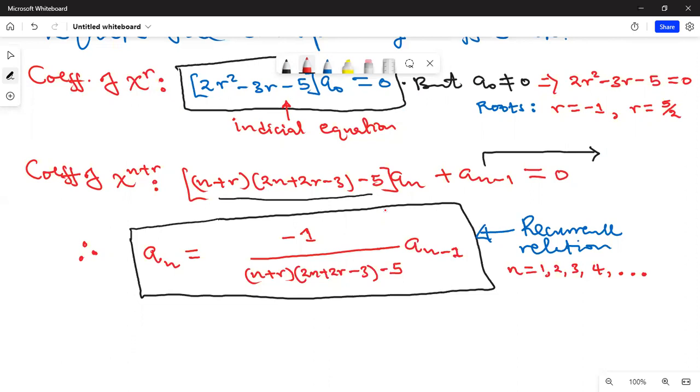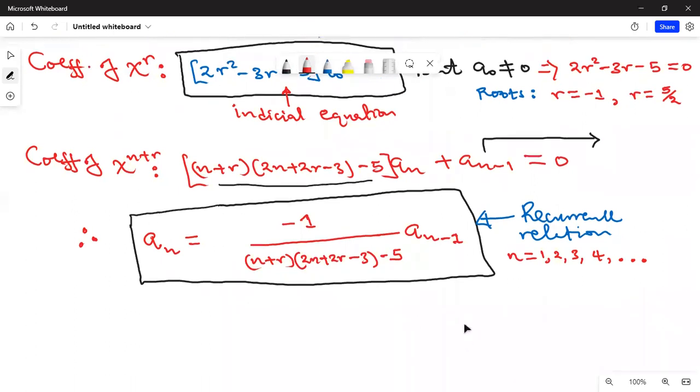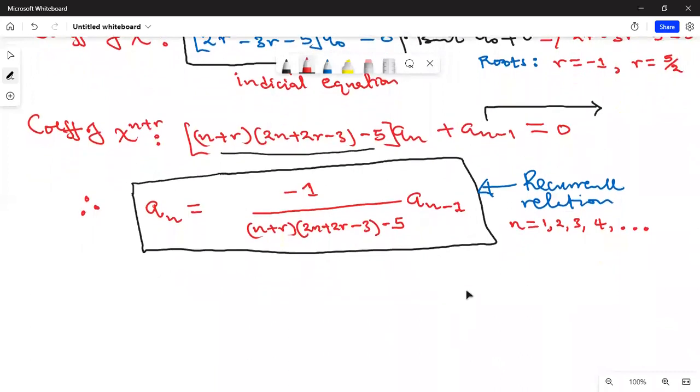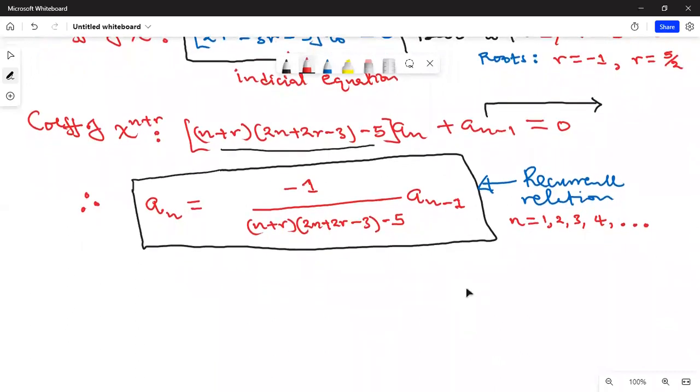Now let's find those other coefficients, the series coefficients. If I put n is 1, what am I going to get? If I put n is 2, what am I going to get? In that manner. So we make such substitutions just to know how the series starts. So here, remember we had two values of r, so we are going to consider two cases, when r is -1 and also when r is equal to 5/2.